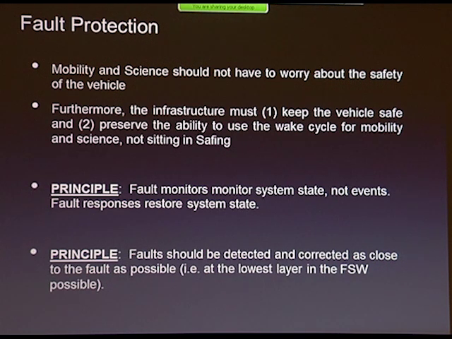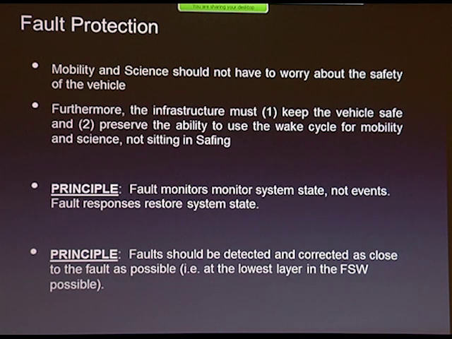So if you can fix it at the low level, great. If you can't, then what we do is we try to diagnose the fault and actually configure the avionics in such a way that we think we've corrected the problem, put the spacecraft into a safe state, thereby preserving science and mobility for the future, and then we let the ground actually come up with any recovery actions and bring this spacecraft out of safing.